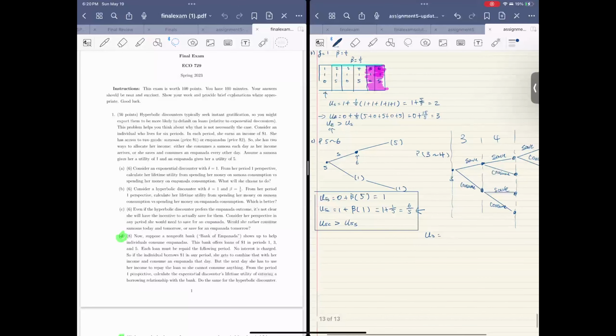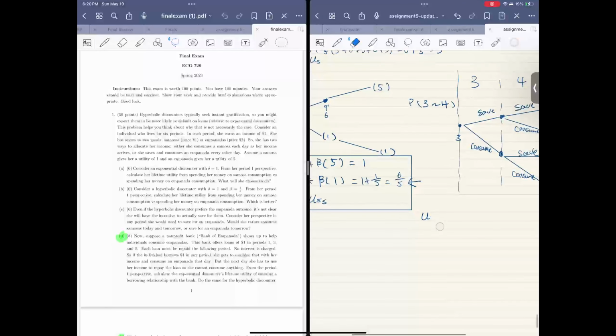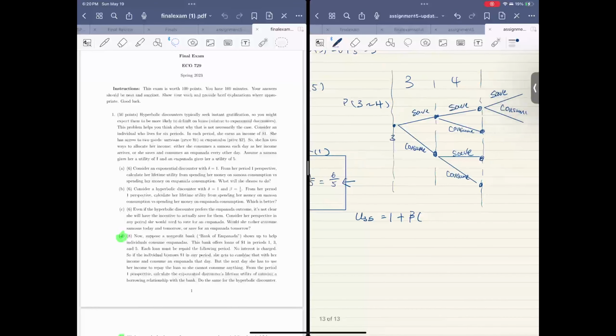If you consume samosa in period 3, the utility looks like 1 plus beta of 1 plus 1 plus 1 plus 1, 2, 3, 4, 5, 6.